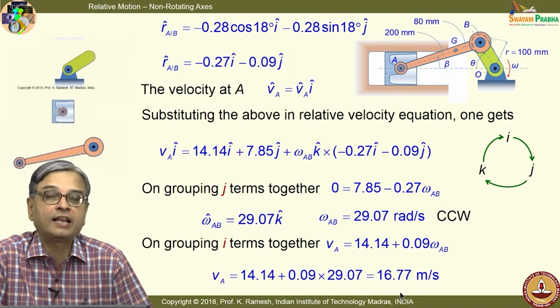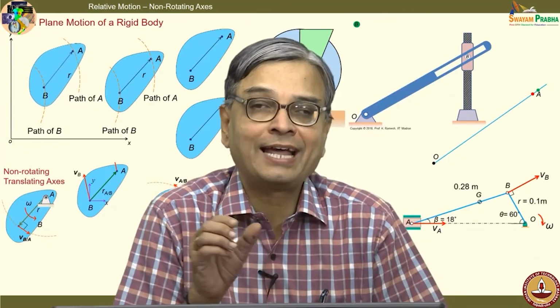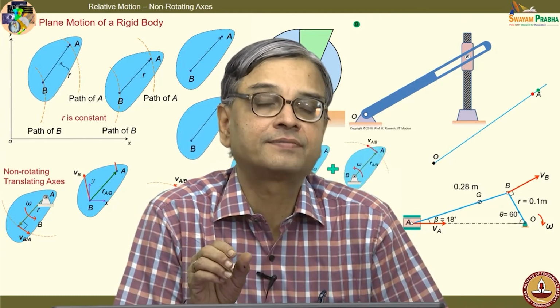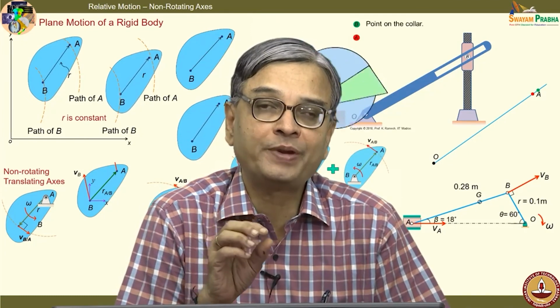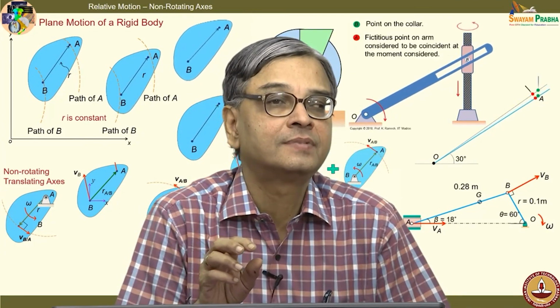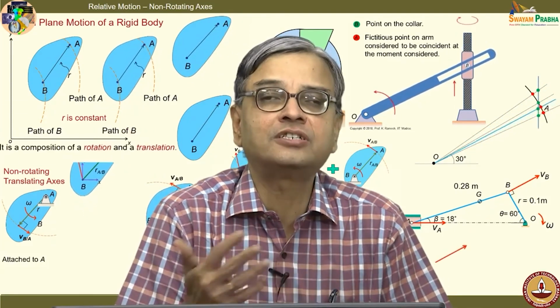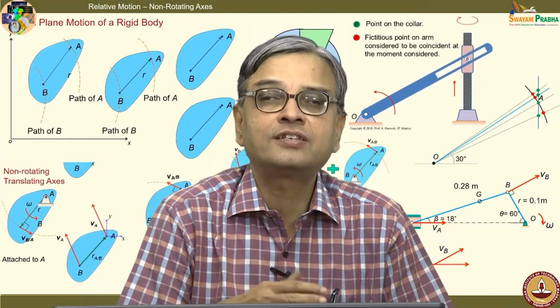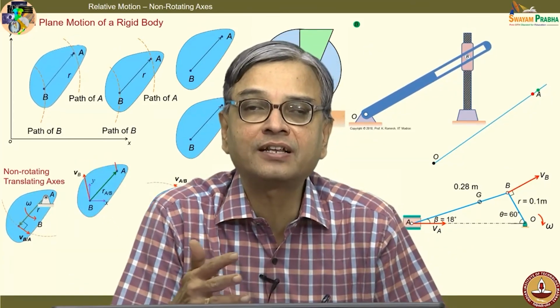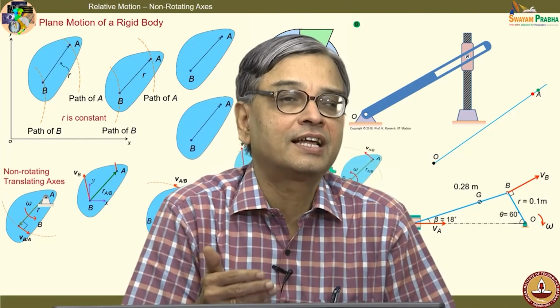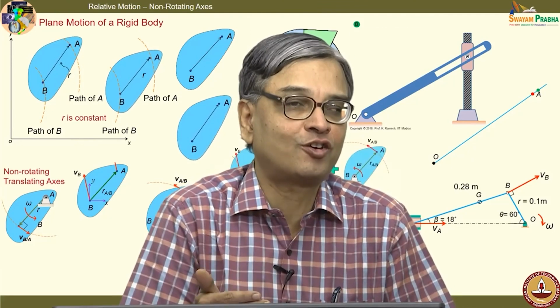See, in a vectorial analysis, you have to carefully write the position vectors and also the appropriate angular velocity, and write the equation and group the i terms, j terms, and once in a while you may probably peep in and see whether physically these numbers are all right, directions are all right.